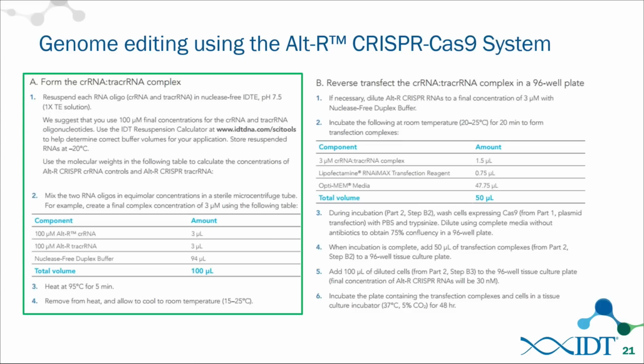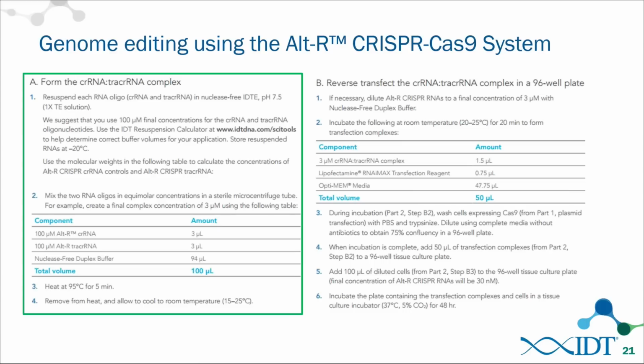On the panel at left, first we talk about resuspension of the crRNA and tracrRNA that are received from IDT. For these resuspensions, we call for them to be done in 1x TE buffer to 100 micromolar final concentration. We've got a resuspension calculator on our website, idtdna.com/scitools. These we typically store with great reliability and stability at -20 degrees Celsius.